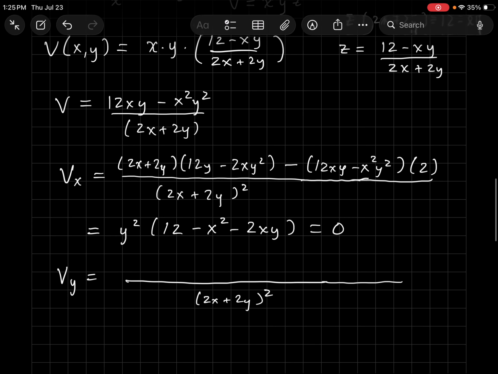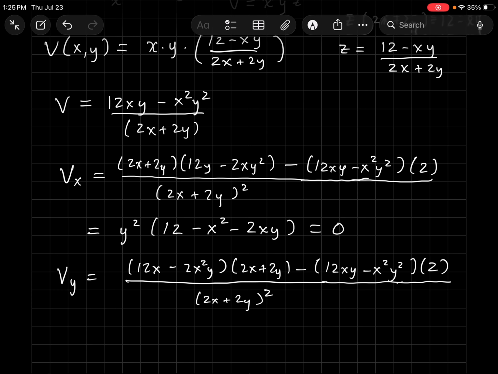We're going to end up with the derivative of the top, 12x minus 2x squared y, times the bottom, 2x plus 2y, minus the top, 12xy minus x squared y squared, times the derivative of the bottom, 2.